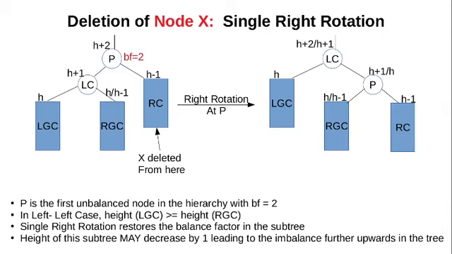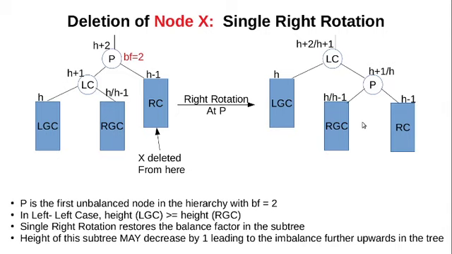As per the binary search tree property, values of RGC nodes are greater than LC and less than P. So they can be attached on the left of P without violating the binary search tree property. The resultant tree after the right rotation is shown on the right.